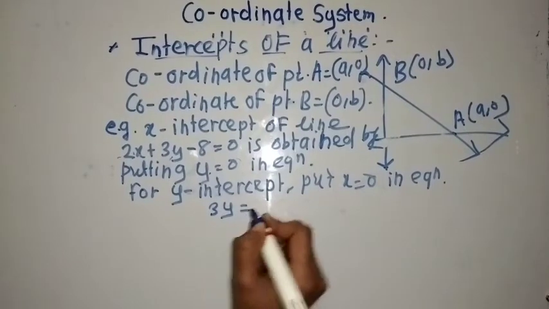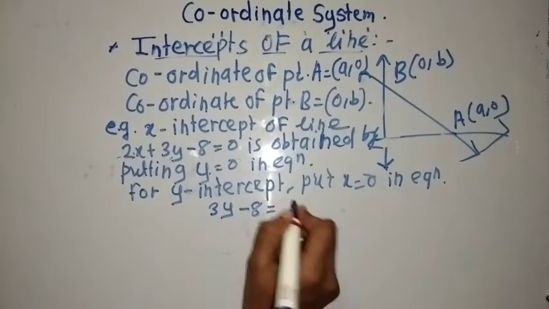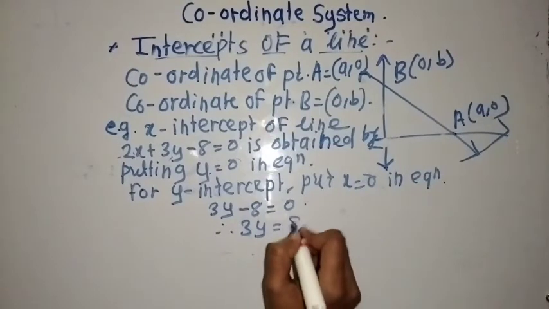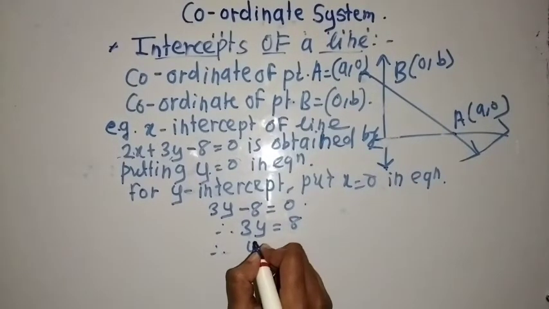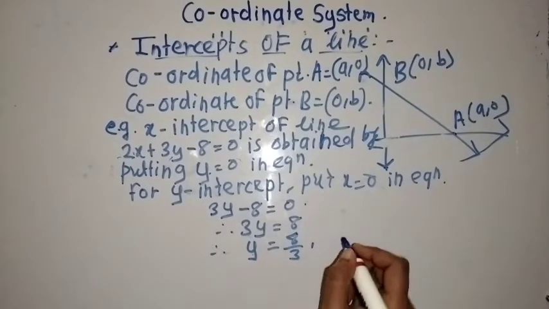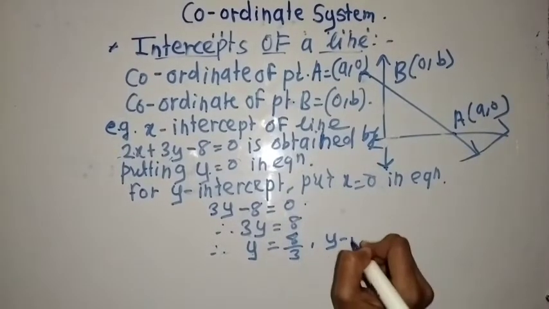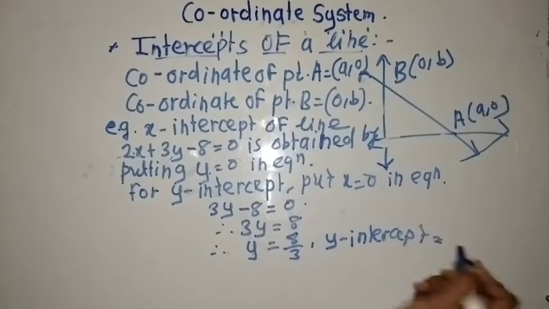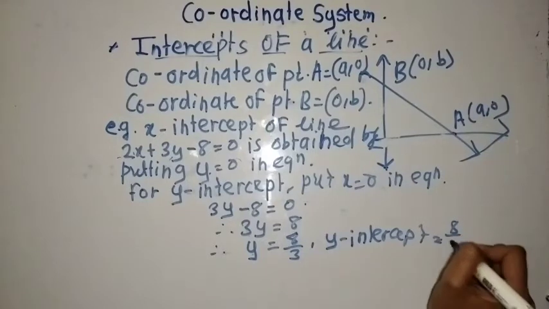Hence 3y minus 8 is equal to 0. Hence we get 3y is equal to 8, so y is equal to 8 upon 3. Hence the y-intercept is equal to 8 upon 3.